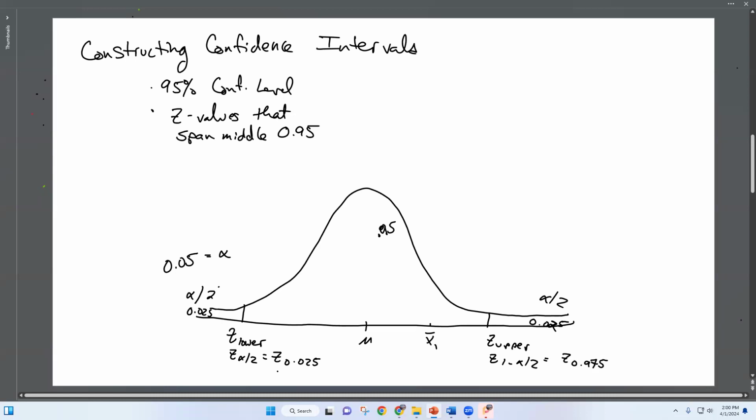So we're going to go to our z tables, or we could go in Python and just say norm CDF, if that's the function, if I'm thinking of it correctly. We give it the location, which will be x bar. We'll give it the scale, which will be s over square root of n.